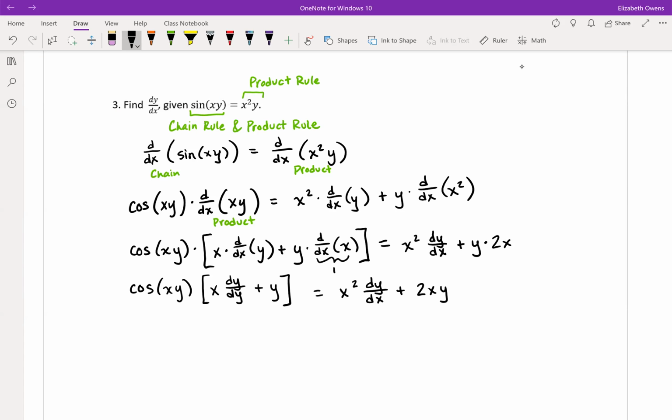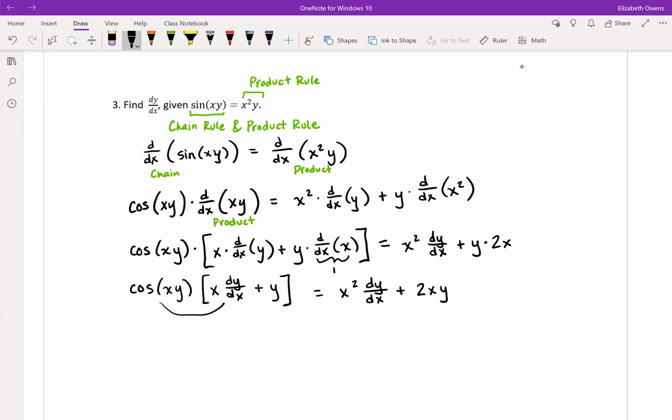Now we're not quite done yet because we have not actually solved for dy/dx. So that is our next step. We've got to get this guy, dy/dx, solved for on one side of the equation. So we need to loosen up some terms here.